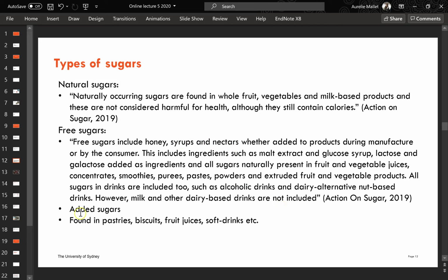And so free sugars are often also called added sugars because, again, we add them to food. They weren't there before we put extra in it. And these free sugars are found in pastries, so pretty much processed stuff. So pastries, biscuits, fruit juices, soft drinks, sports drinks.